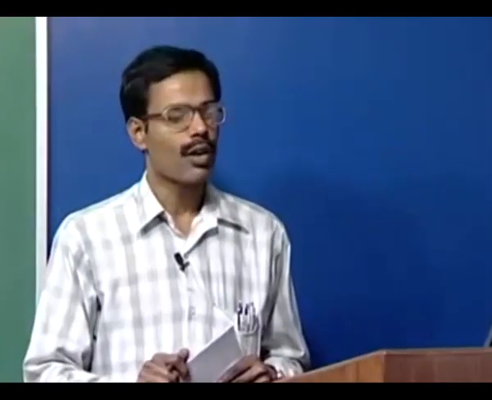Good morning. In the previous lecture on optimization, we studied the conceptual framework, the conceptual background of multivariate optimization. In this lecture, we will be studying some of the methods to solve optimization problems.